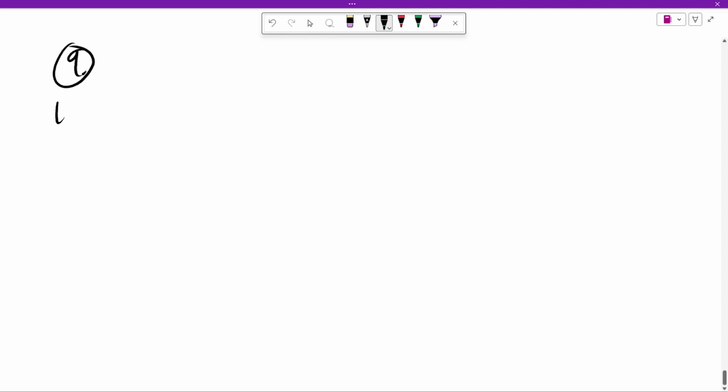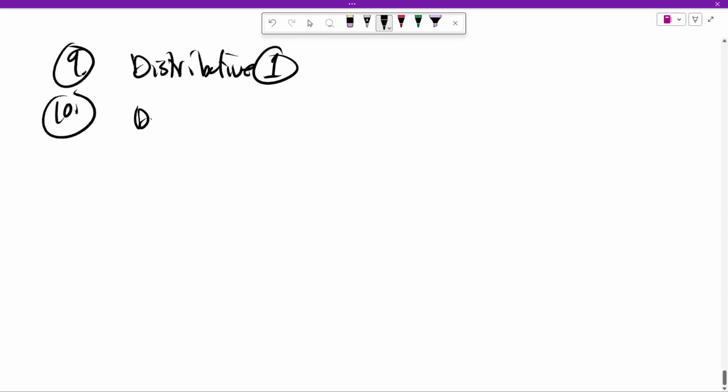And then 9 and 10 are almost the same. We have the left and right distributive properties that I'm not going to check. I think your book calls them distributive 1 and 2. But let me just show you how you might go about checking distributive 1.